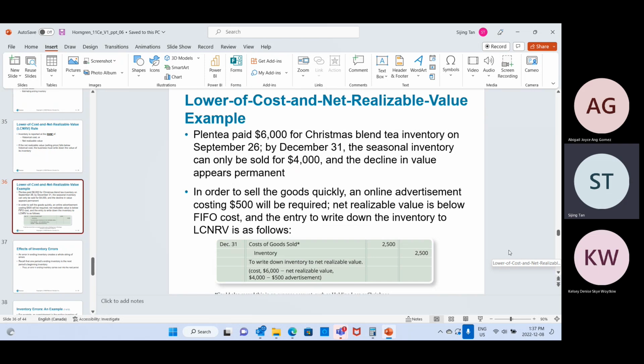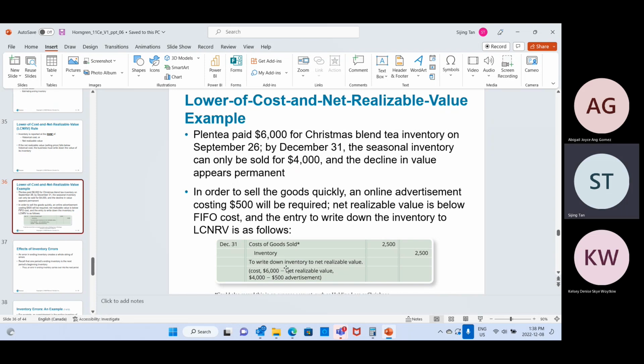And this decline in value appeared permanent. Because it's permanent, we need to write down the inventory, comparing the cost and the net realizable value. Now, because there is a $500 advertisement cost, we need to deduct that $500.